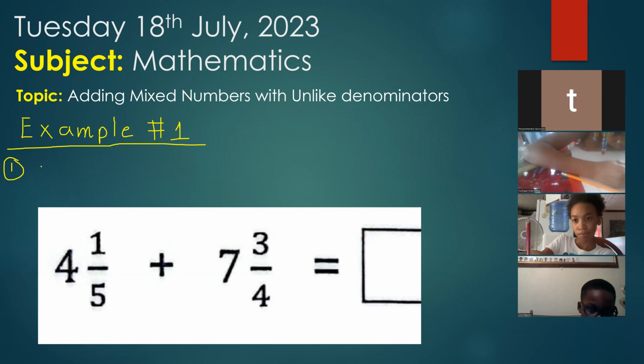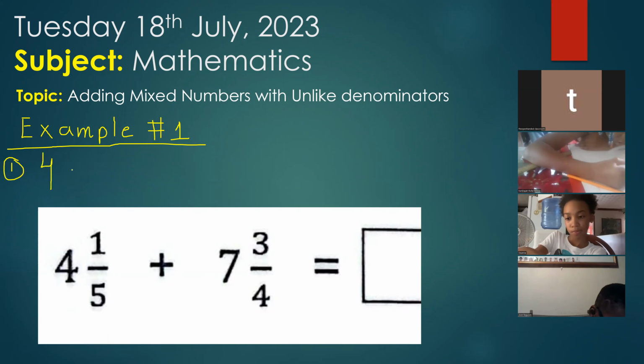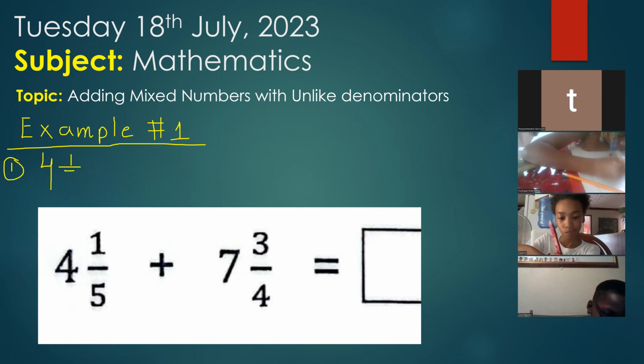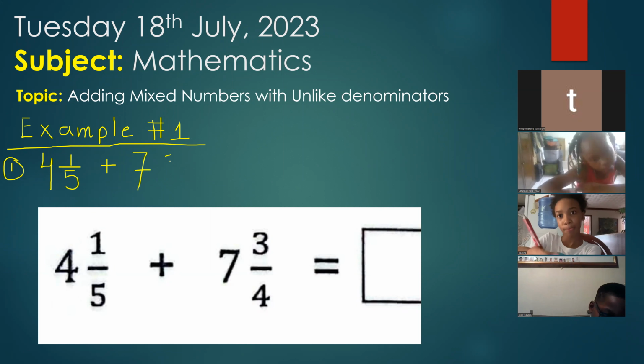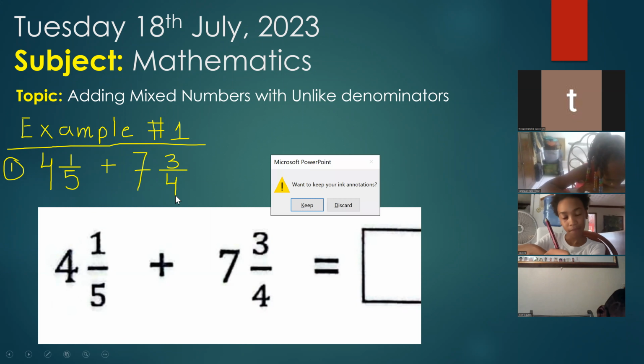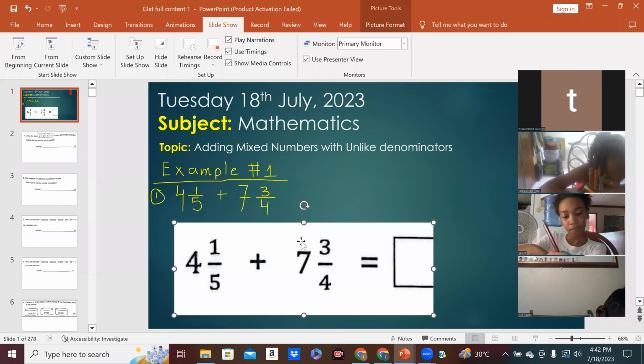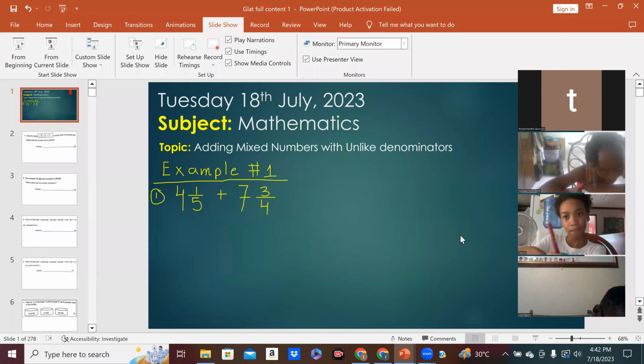So it's 4 and 1/5 plus 7 and 3/4. All right. So this is what we must do. We must add these two mixed numbers.